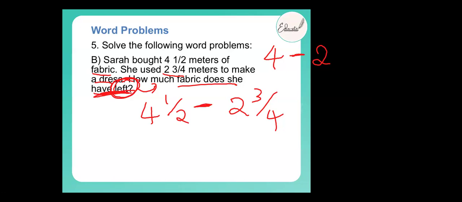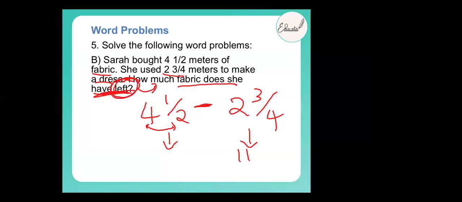So now Anis has to solve this question because it was solved previously by me, right? Now I want you to solve this. So first you make it into improper fractions. 4 times 2 is 8, and then 8 plus 3 is 9, 10, 11.